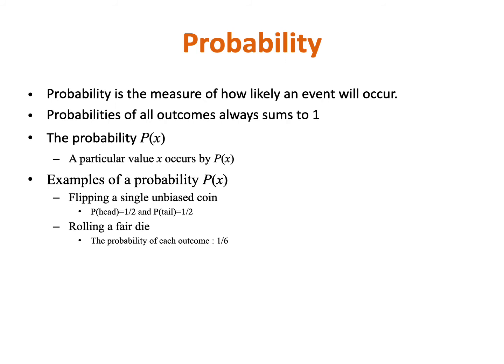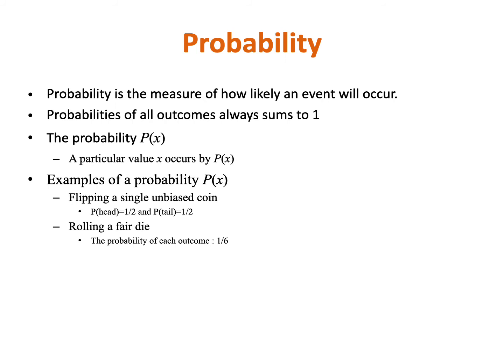The probability of an event is a number between 0 and 1, where roughly speaking 0 indicates the impossibility of an event, that the event will not occur, and 1 indicates certainty. The probabilities of all outcomes always sum to 1, and a particular value P(x) denotes that a particular value x occurs with probability P(x).